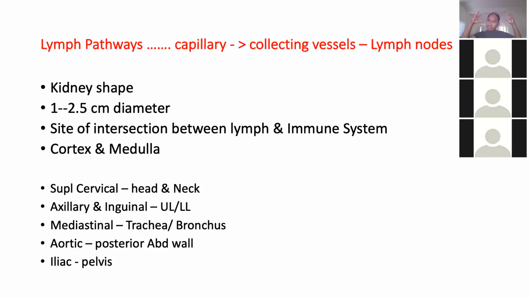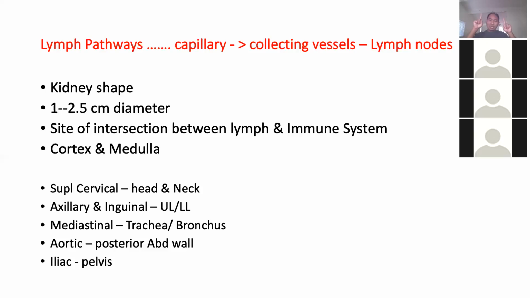So if you see lymph node enlargement, you need to know where they are draining from, and you need to check there. Because any enlarged lymph node could be an infection, a viral or bacterial infection, or this enlarged lymph node could be secondary to malignancy, cancer.